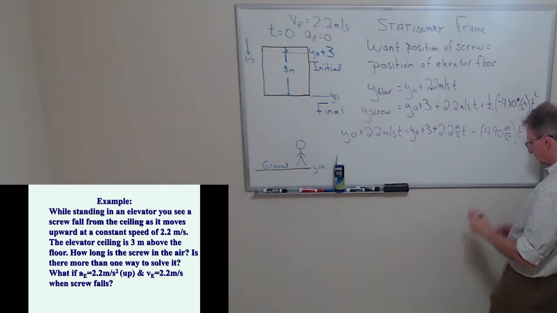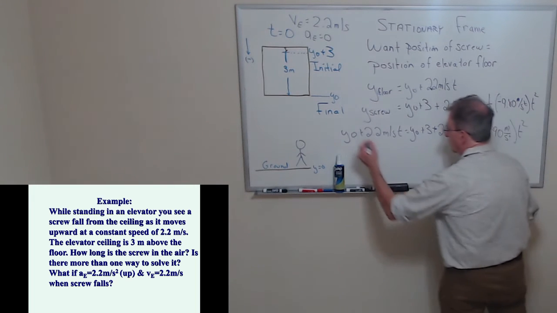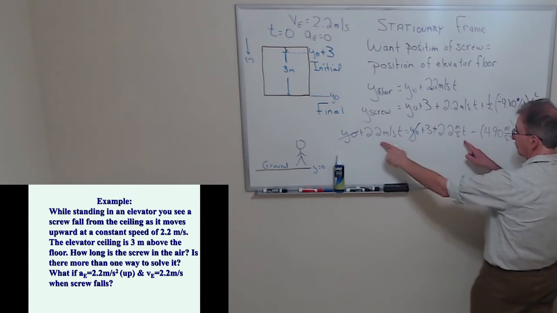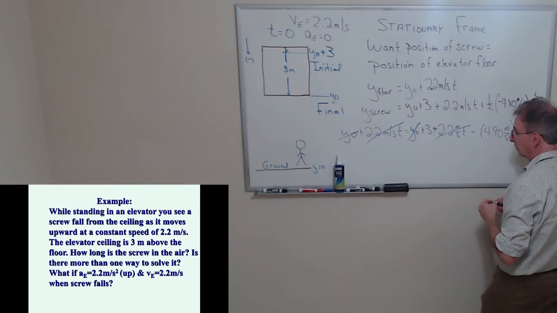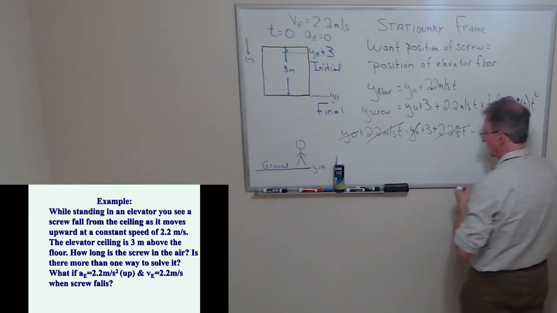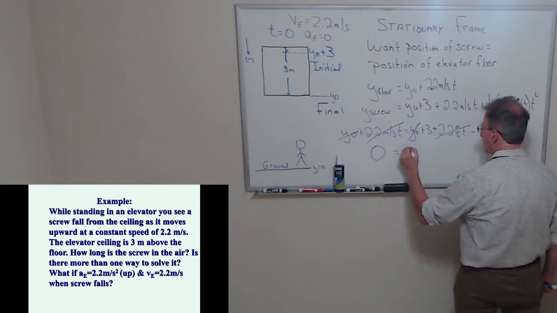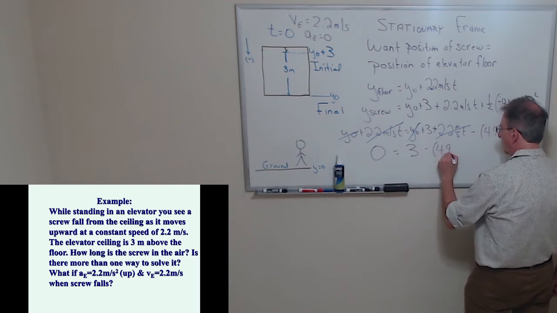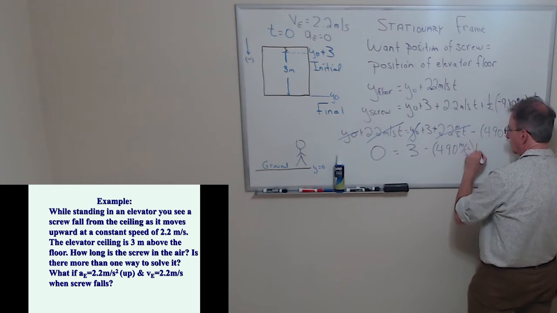So we do get some cancellation. y naught cancels, and you notice the 2.2 t cancels. What we're left with is 0 equals 3 minus 4.9 meters per second squared times t squared.